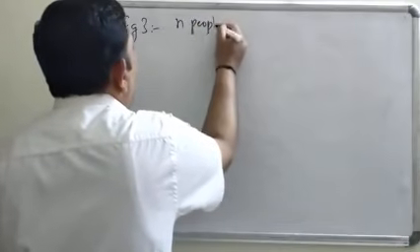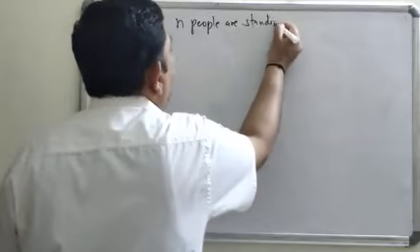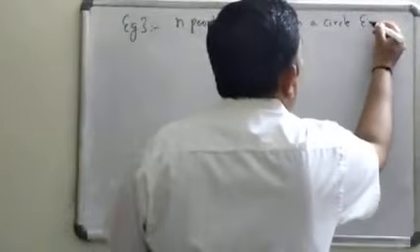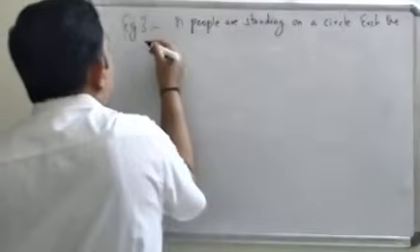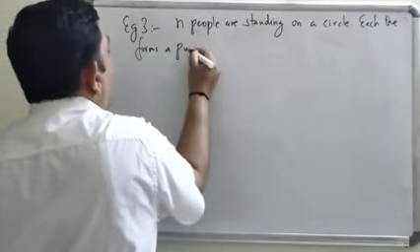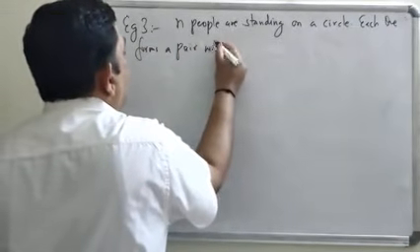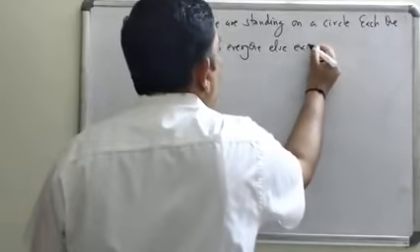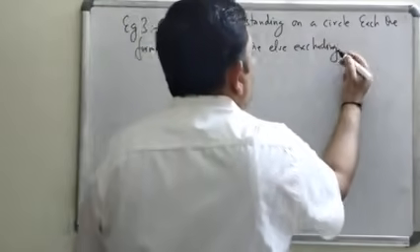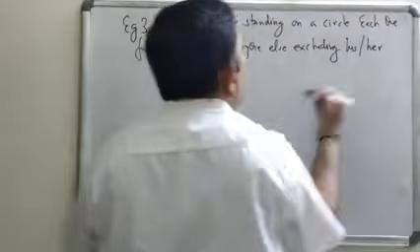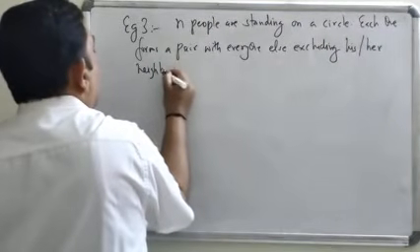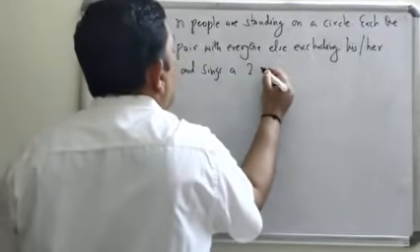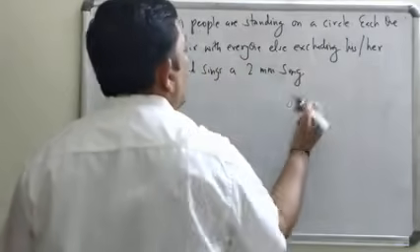N people are standing on a circle. Each one forms a pair with everyone else excluding his or her neighbors and sings a 2-minute song.